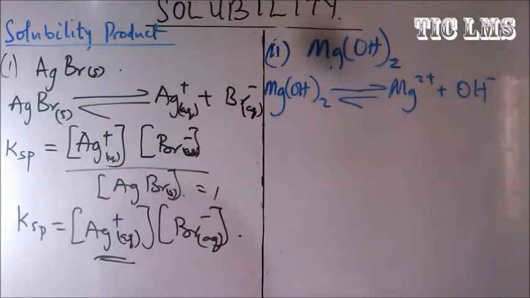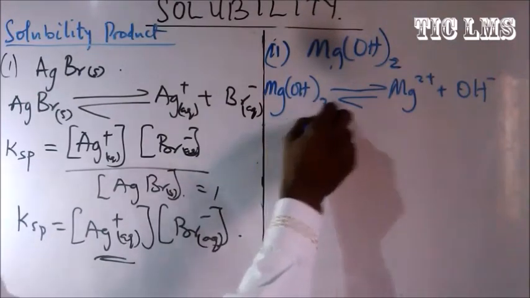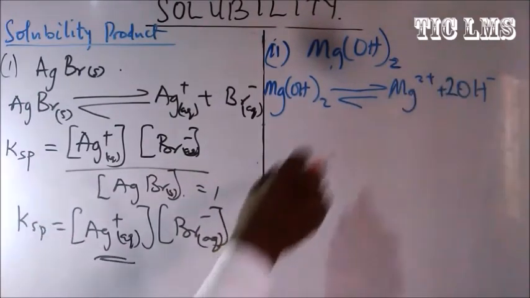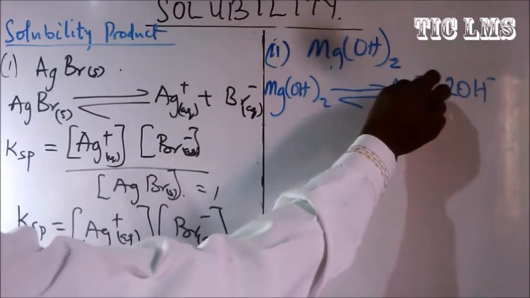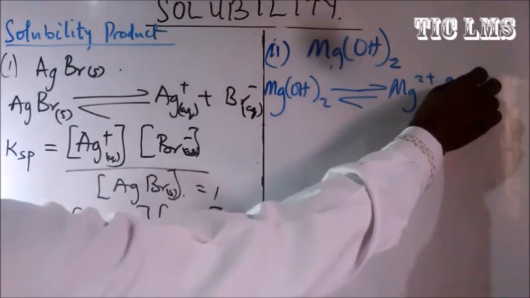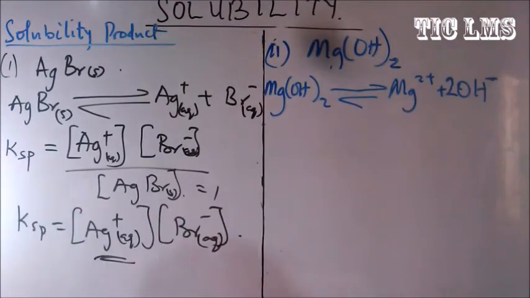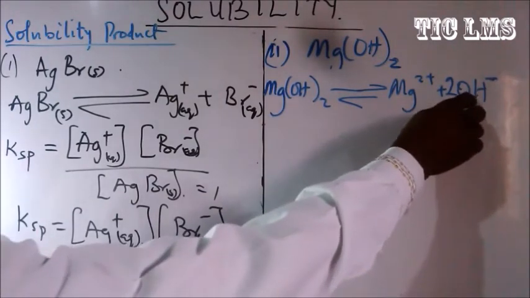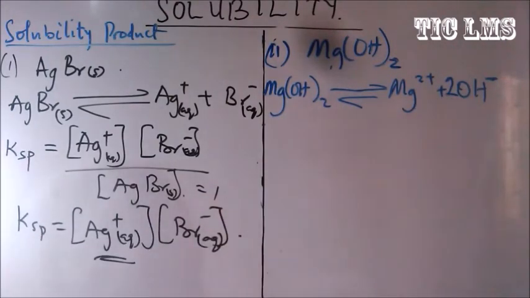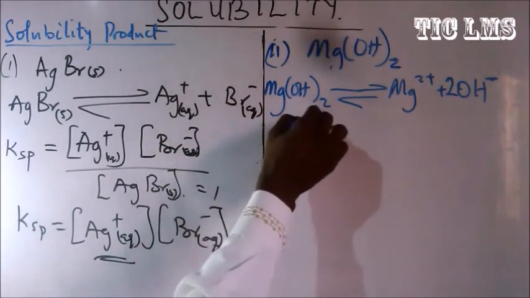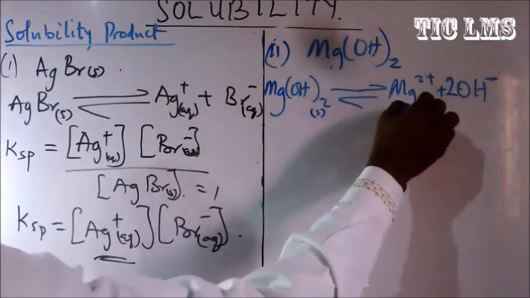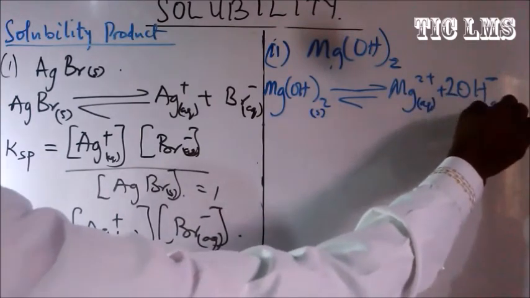To balance this equation, we know we have a 2 over here, and so we have 2 here. Now this 2 plus here is the oxidation number of magnesium, while the minus over here is the oxidation number of hydroxyl, that is OH. So from here, this is a solid, and this is aqueous.